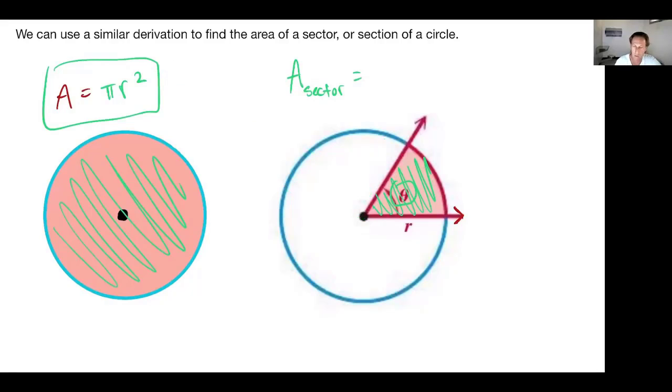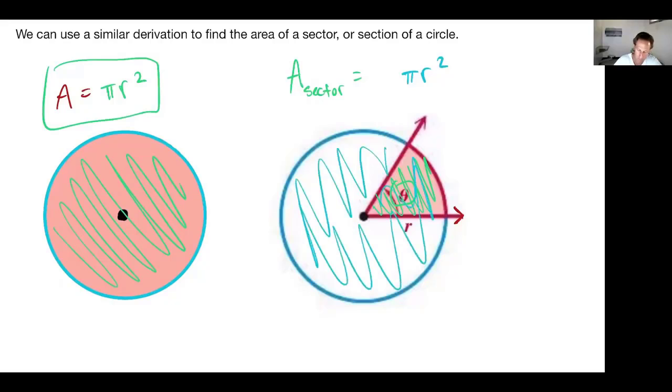So we know if we only want that little section, it is going to be dependent on two things. Well, the pi r squared will give me the area of the entire thing, all of this. But if I only want a part of it, a section, then I'm going to have to multiply that by whatever fraction, whatever part of my whole that I'm going to have.